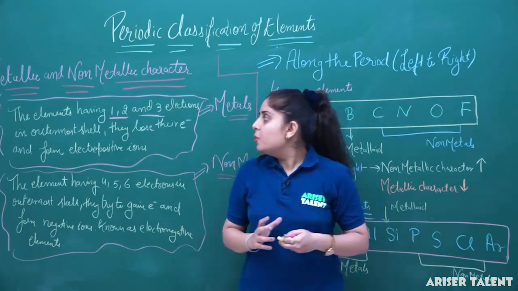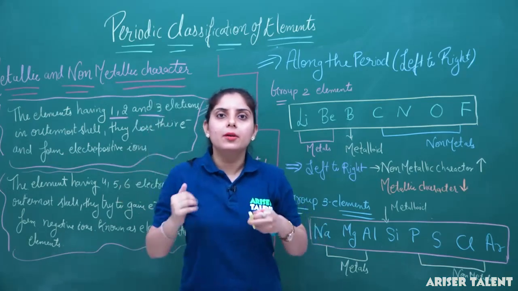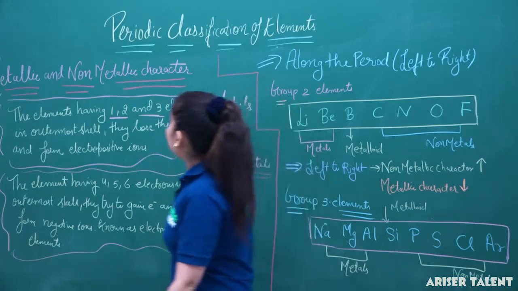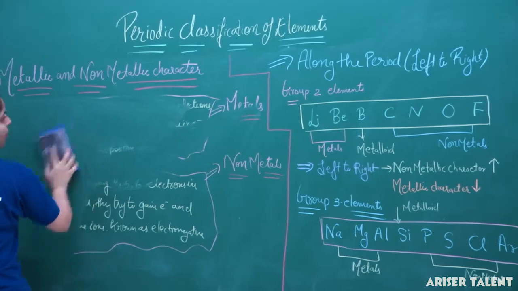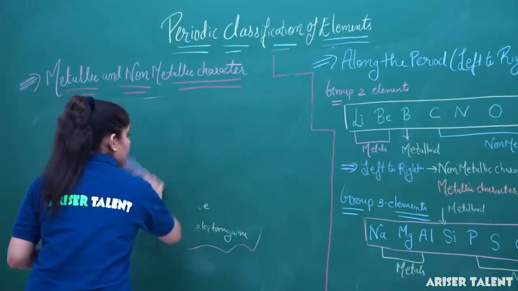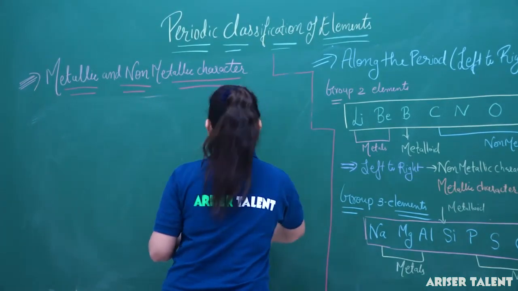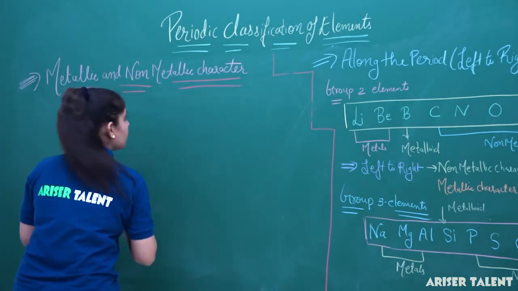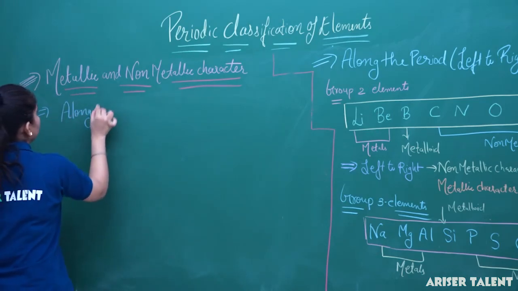Now let us have a look at the trend in the periodic table along the group. It means from top to bottom. So now let us see the trend in the metallic properties from top to bottom. Now we are discussing along the group.